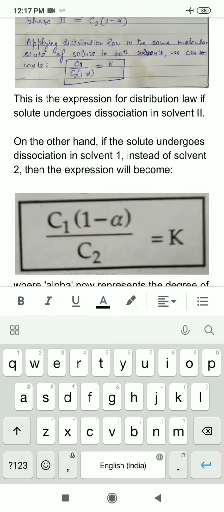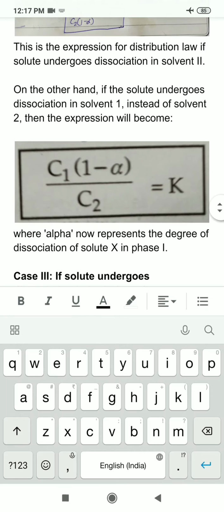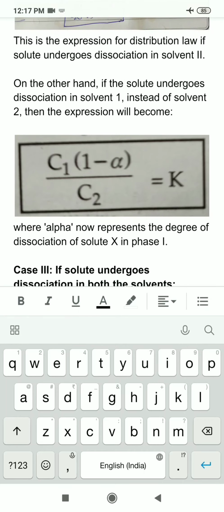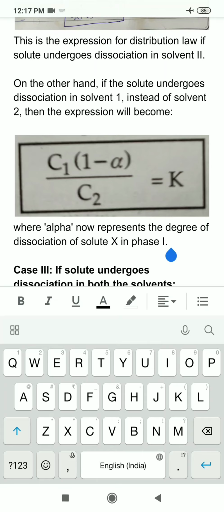So the expression will become C1 into 1 minus alpha upon C2 is equal to K, where alpha now represents the degree of dissociation of solute X in phase 1. So this is the expression for distribution law if solute undergoes dissociation in solvent 1.